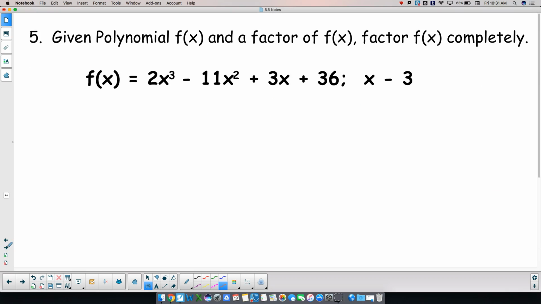So, given this polynomial, and the fact that x minus 3 is a factor, I'm asking you to factor this polynomial completely. Okay? So if x minus 3 is a factor, what's the 0? Because zeros go on the outside of our synthetic division.